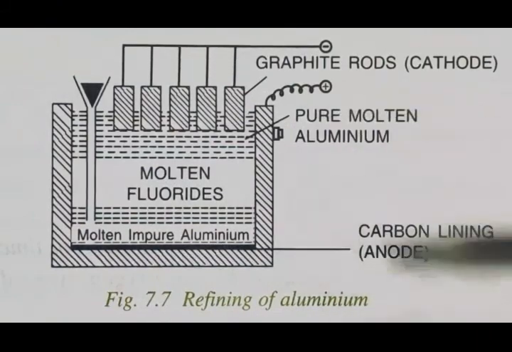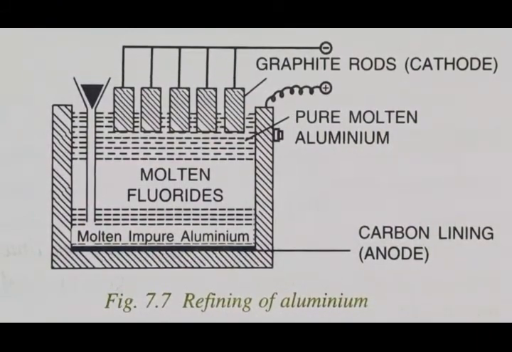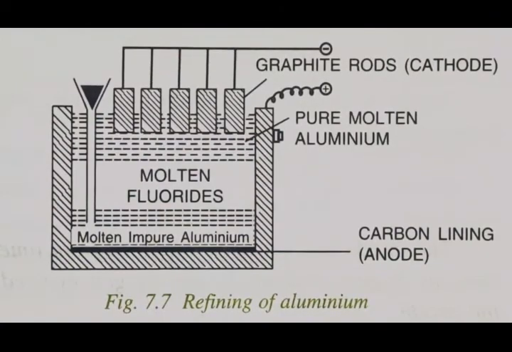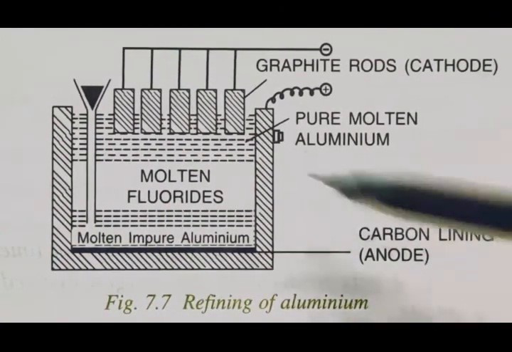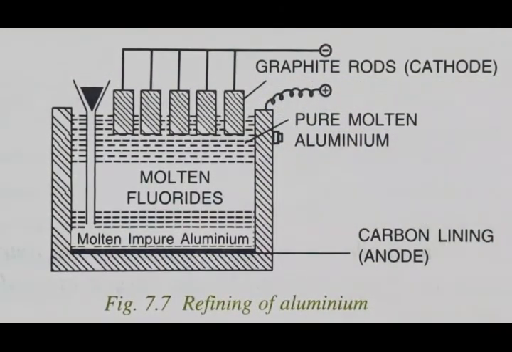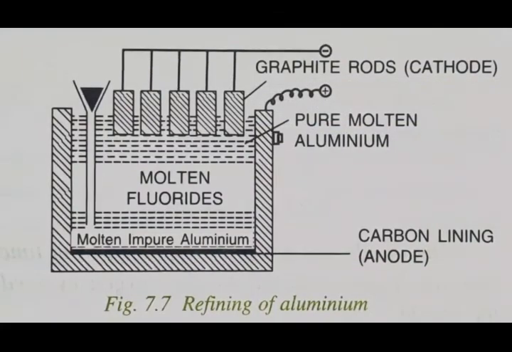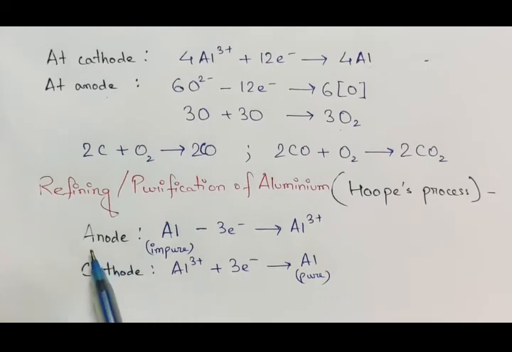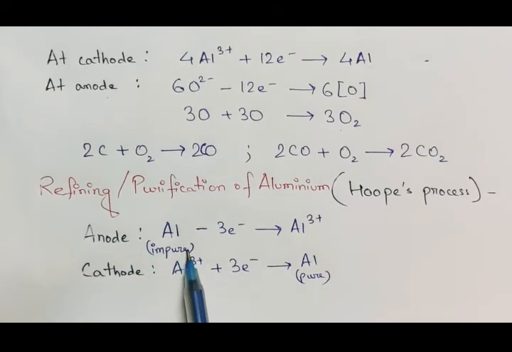Clear? So again at the anode the impure aluminium loses electrons to form the aluminium ion, and at the cathode the pure aluminium metal gets deposited by accepting the electrons. Let me show you the electronic concept. Here you can see that at the anode the impure aluminium loses the electrons to form the aluminium ion, and at the cathode these aluminium ions accept the electrons to form the pure metallic aluminium.